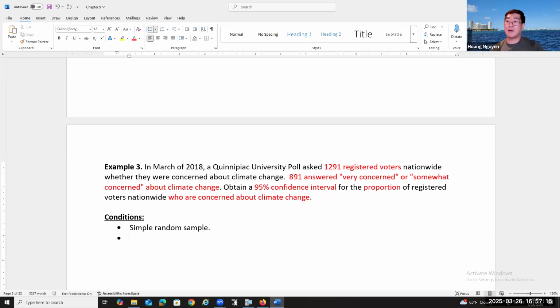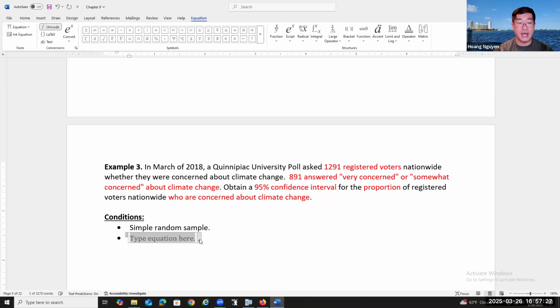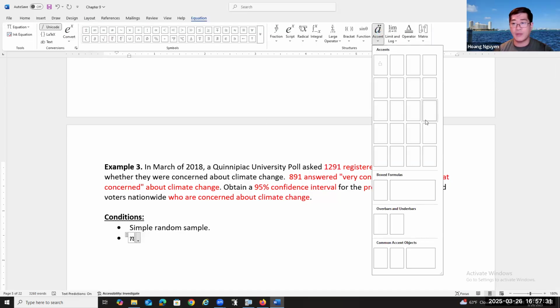So make sure that the sample that we select is going to be at random, which means that the 1,291 people that we select are going to be at random. So, okay, that's going to be the first condition. The second condition is n times p hat and n times 1 minus p hat have to be more than or equal to 10. Okay.